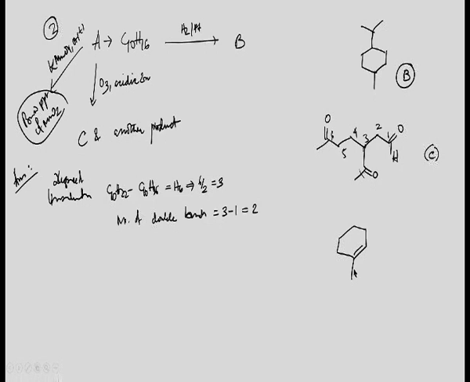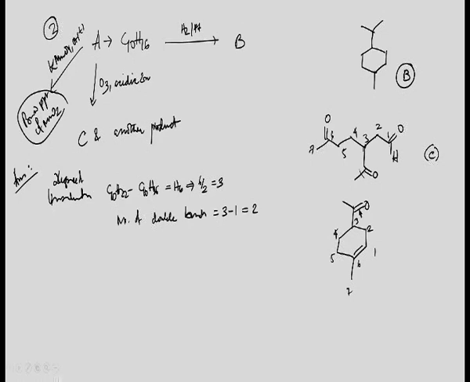So, the alkene will be like this and this. So, this is the 1, 2, 3, 4, 5, 6. What happens? This 1 and 6, here if you put the double bond under ozonolysis, it will give this.